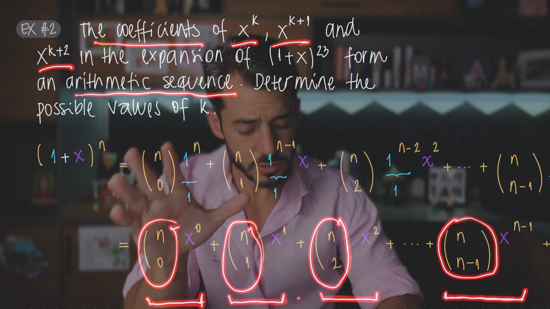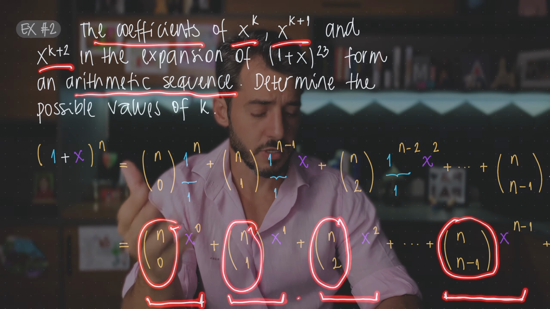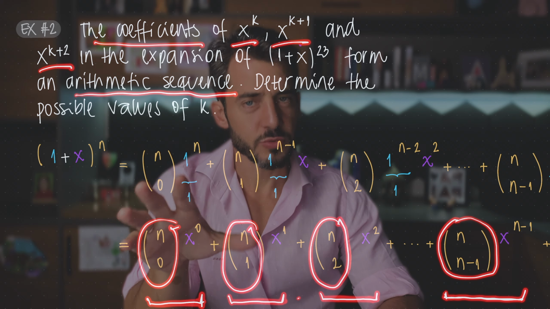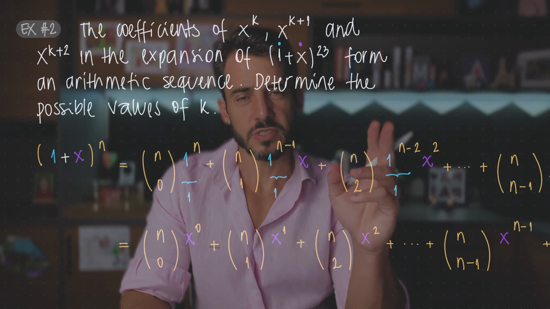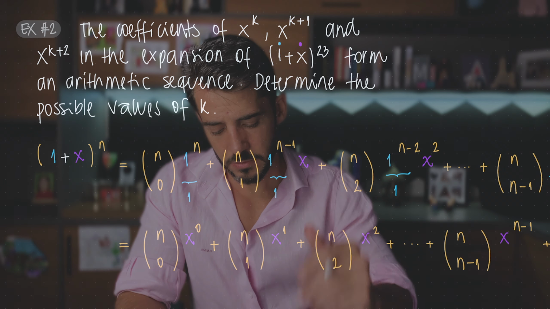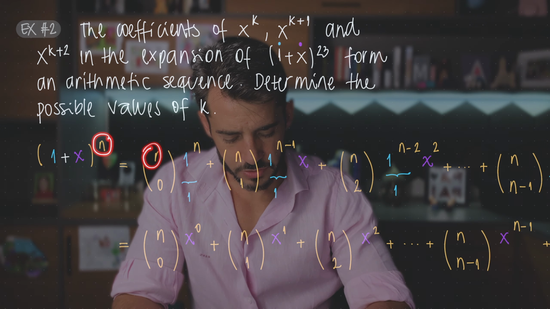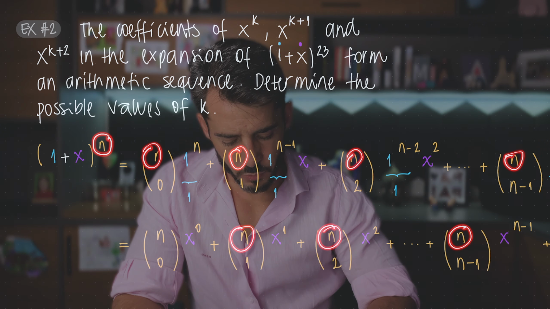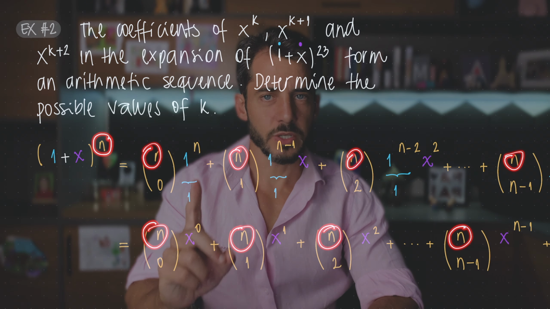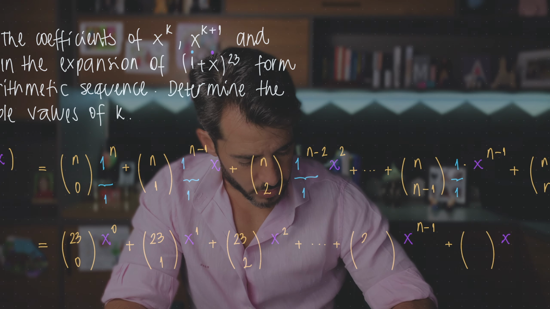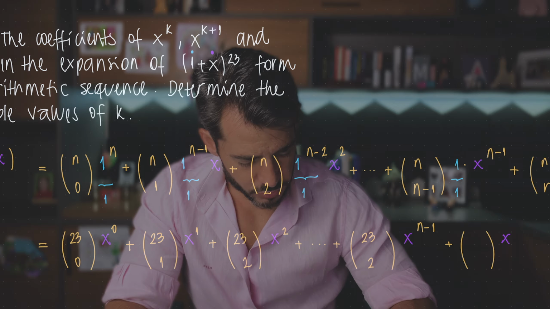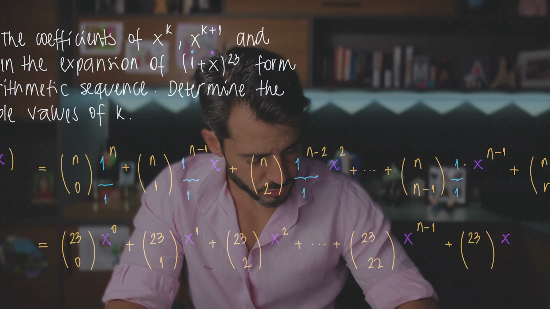Therefore, the only contribution for a specific number is from these individual binomial coefficients. And also we can replace the exponent in our expansion by 23. We are raising 1 plus x to the power of 23. Therefore, this is what we have: 23 choose 22, and then finally 23 choose 23.